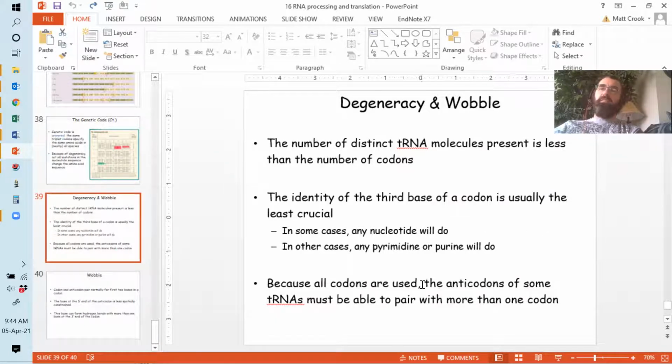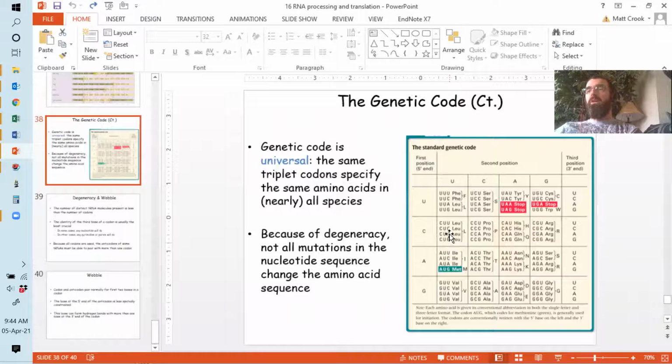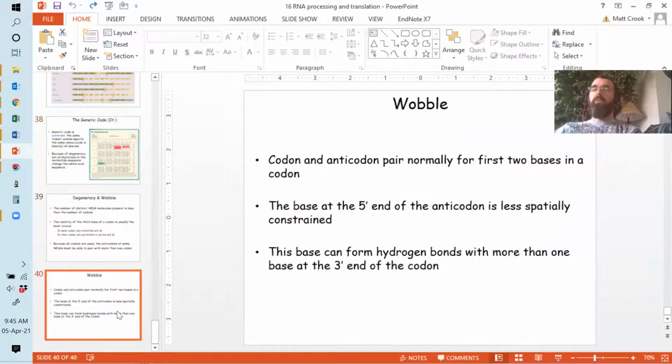So here's a little bit of a twist on the 1 tRNA equals 1 codon. That's not always the case, right? For some of these, and you'll find that it's really for ones where the third base, the basis of that degeneracy, is variable, but you get the same amino acid, you can have something called wobble, right?